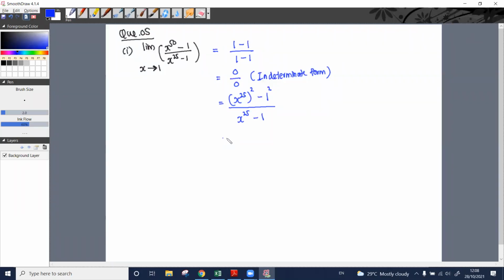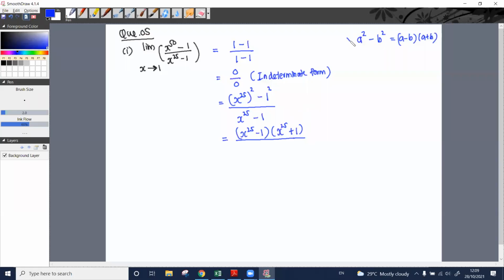Now for the difference between two squares, a squared minus b squared, how can we factorize this? A minus b into a plus b. The same thing we can apply here. So here it should be x to the power 25 minus 1 into x to the power 25 plus 1.